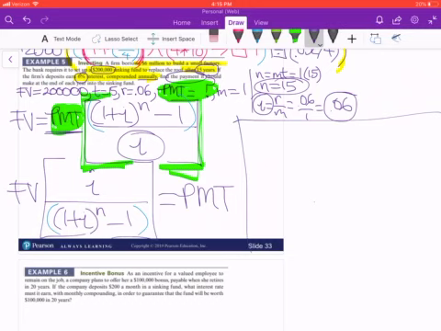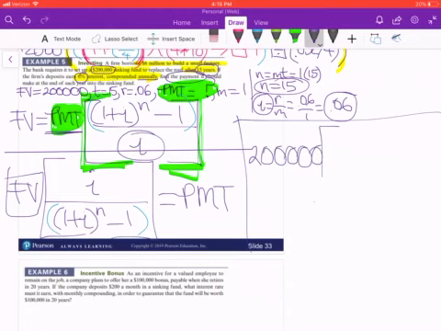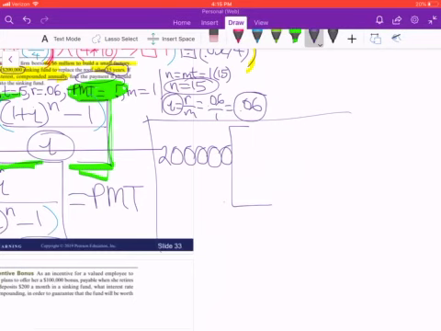So we're going to need future value. We want that future value, or the bank wants that future value, to be 200,000. And instead of I, we're going to enter 0.06.